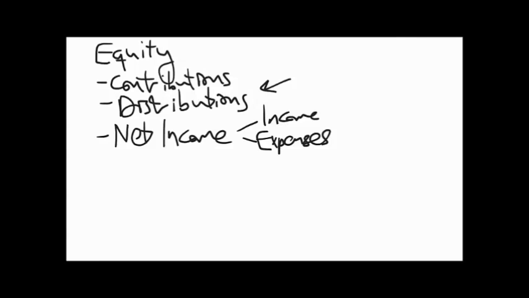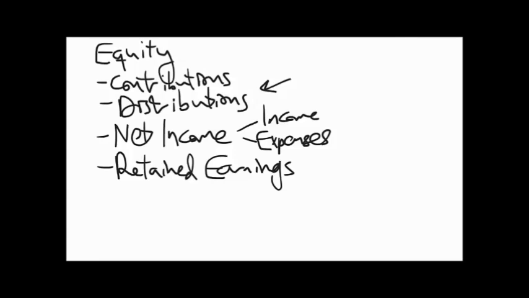But some of those net earnings are going to be kept in the business accounts or retained in the business to be able to use to pay off debts and to expand and grow as a company. So any of those net earnings that are retained in the company are put into a special account called, no surprise, retained earnings. And all that is any of the leftover earnings from prior years that are kept inside the business.